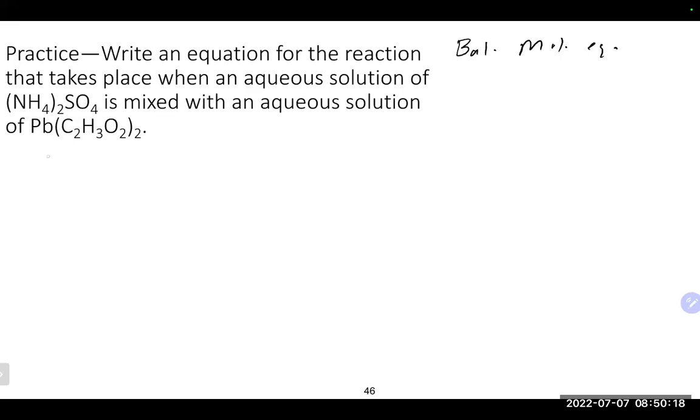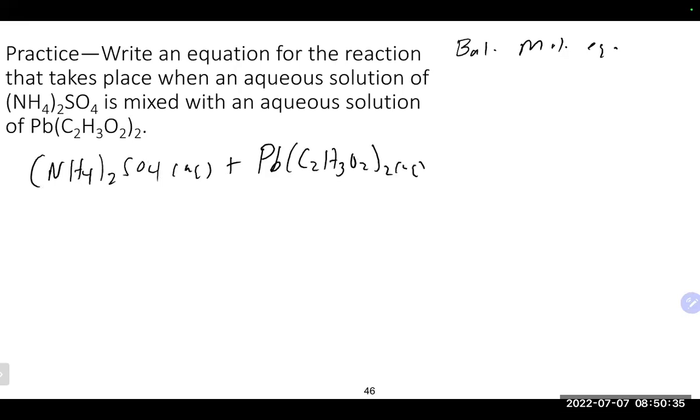So here we got some ammonium sulfate, and it is aqueous, and a little lead 2 acetate, also aqueous. And once again, this is a positive, negative guy, positive, negative guy.